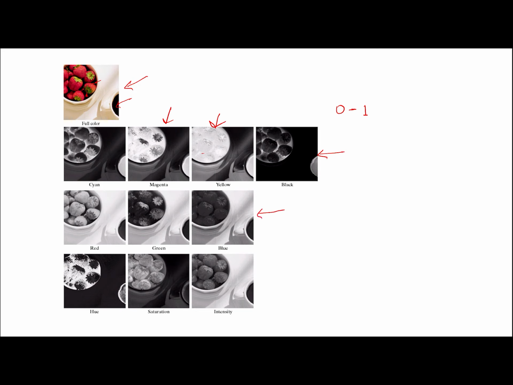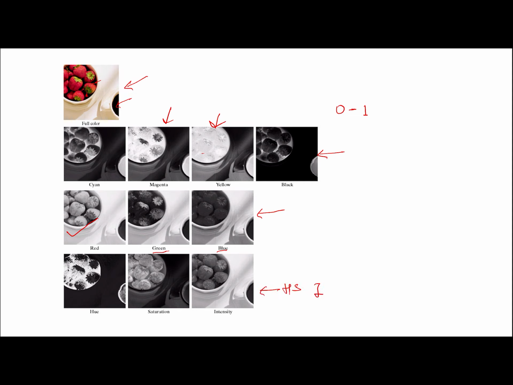The third row shows the equivalent RGB images obtained from the CMYK image. Here we see that strawberry has a large amount of red and very little green and blue.